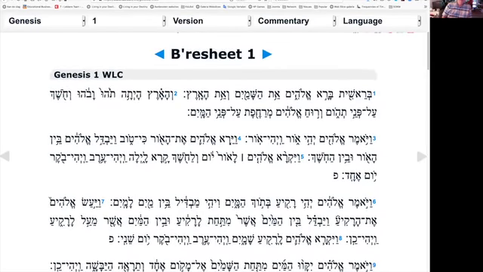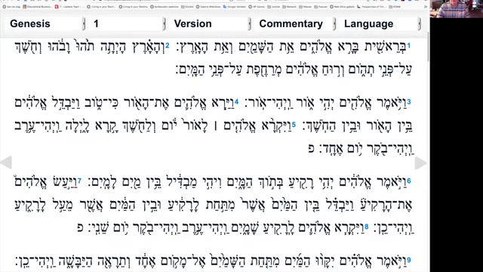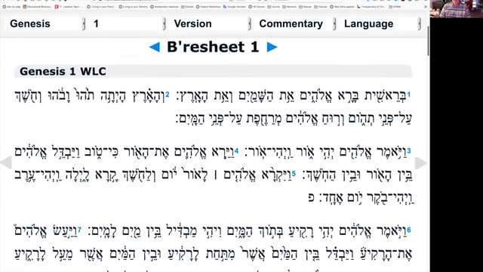This is the Bible Hub, one of these versions, maybe a little bit bigger. You can see it bigger now. This is the same verse, same text.